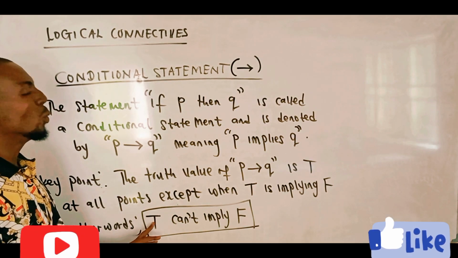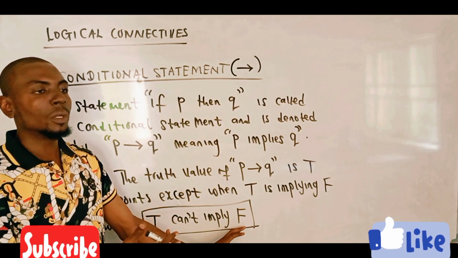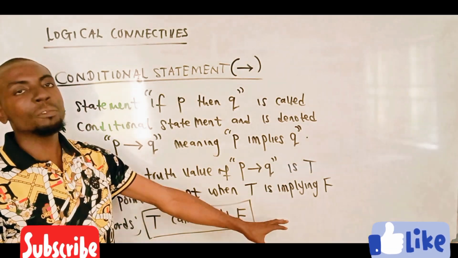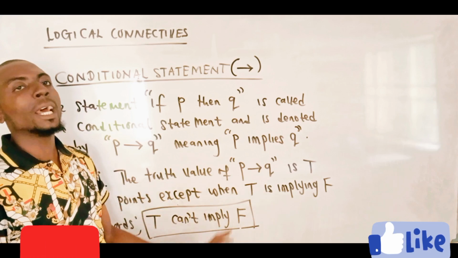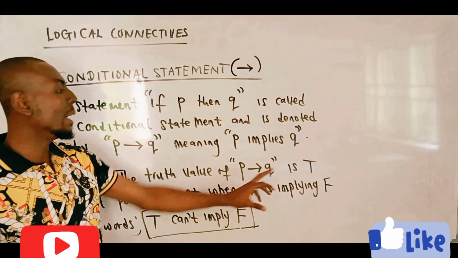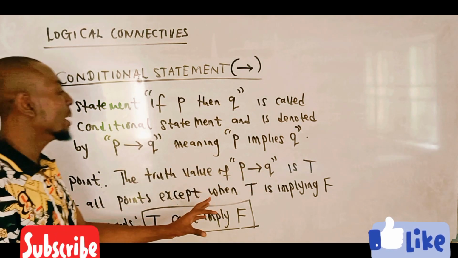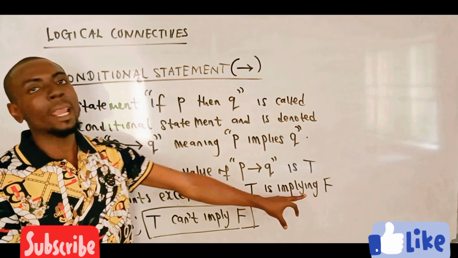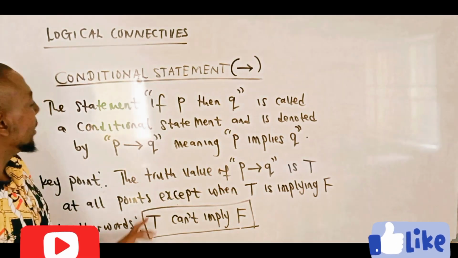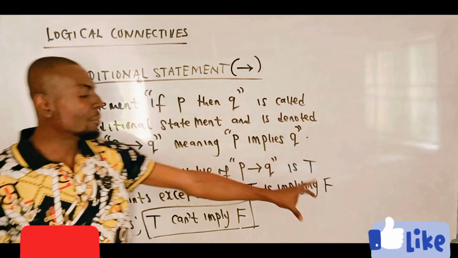When you have truth in P and F in Q, definitely it's going to give you F. Then others are true. That's why we say that the truth value of P implies Q is truth at all points except when T is implying F, meaning except when P is T and Q is F.